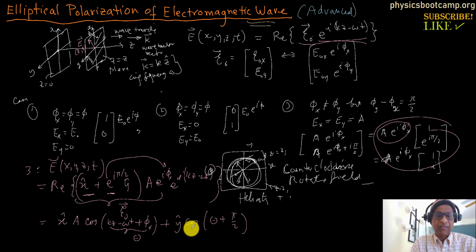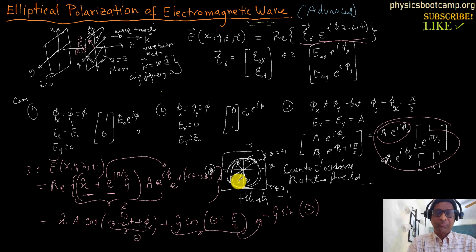So this will turn out to be negative y hat sine theta. When theta is 0, the field is pointed along the x-axis. When theta is pi over 2, it is pointed along this axis. So theta is 0. Yeah, so it's actually going this way.